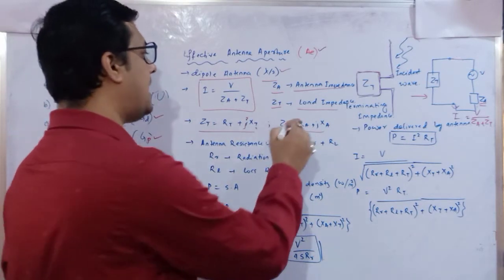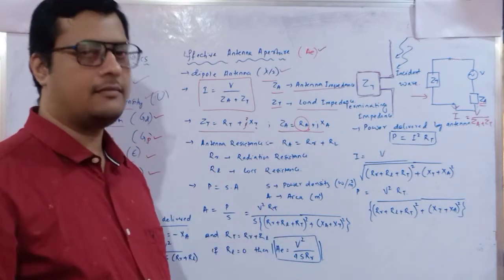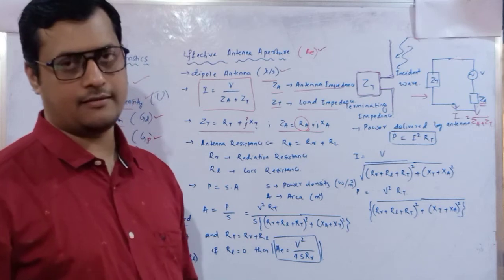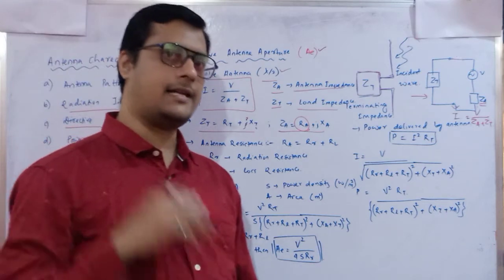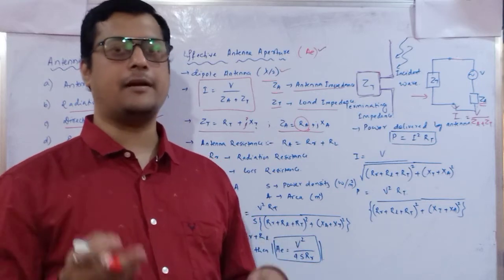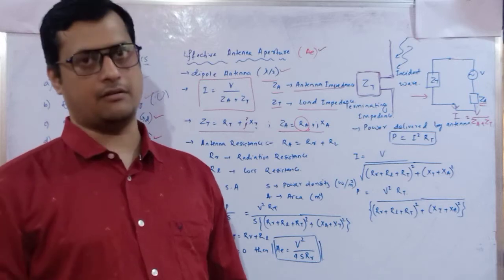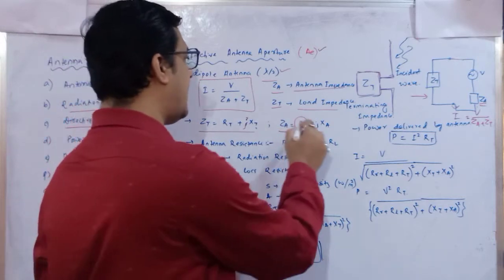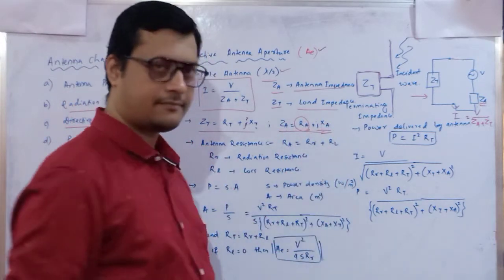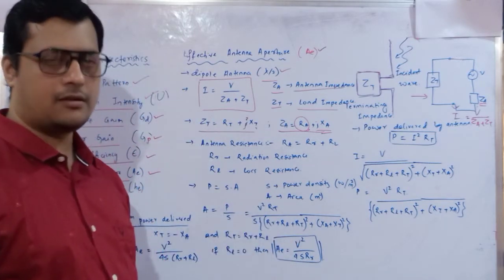Now what is RA? RA is the radiation antenna resistance. As we have discussed in the previous one, the antenna's resistance will depend upon the losses and the radiated power. So we have to take that particular relation also. So here it is RA plus jXA. Done.